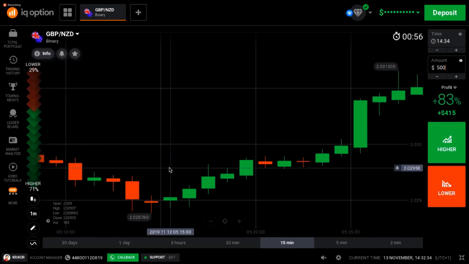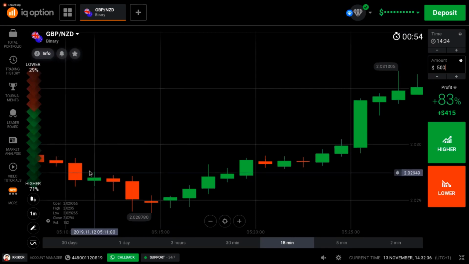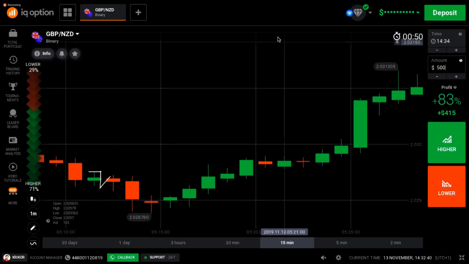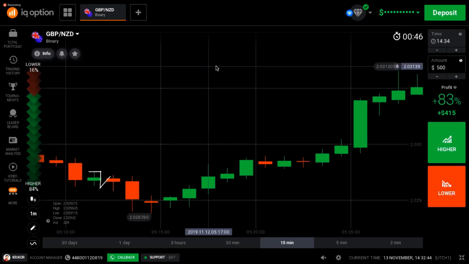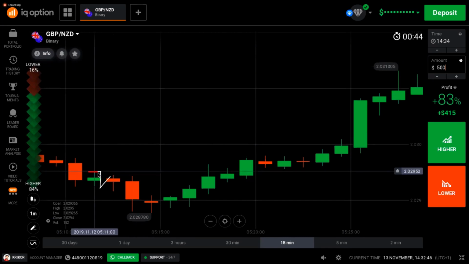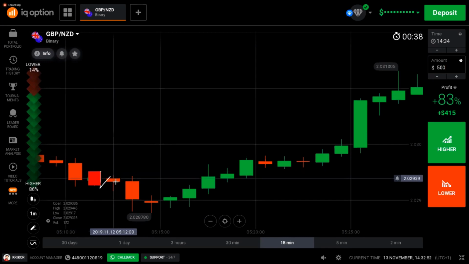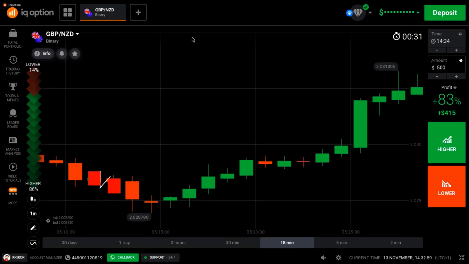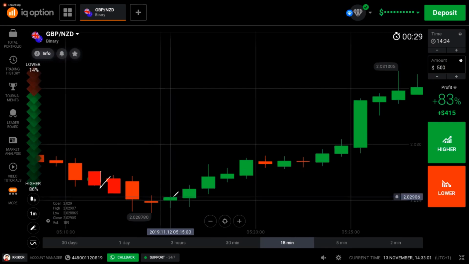I will repeat it again. If this candle is a red candle, let's assume this candle is a red candle, then this candle also is a red candle. Okay? And you are seeing this green candle here.